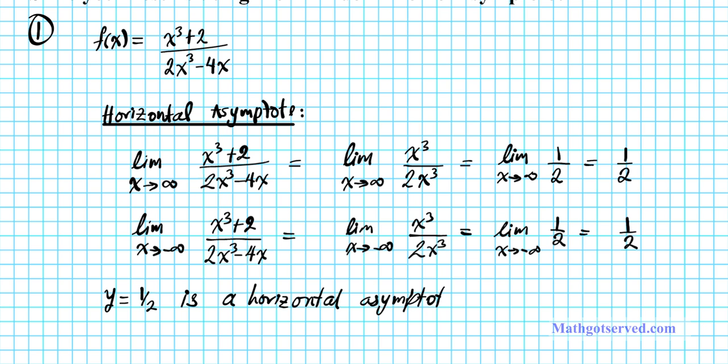Now what was our definition again? Since the limit as x approaches, in this case plus or minus infinity, we can condense them into one because they have the same limiting values. So the limit as x approaches plus or minus infinity of x to the third plus 2 over 2x to the third minus 4x.